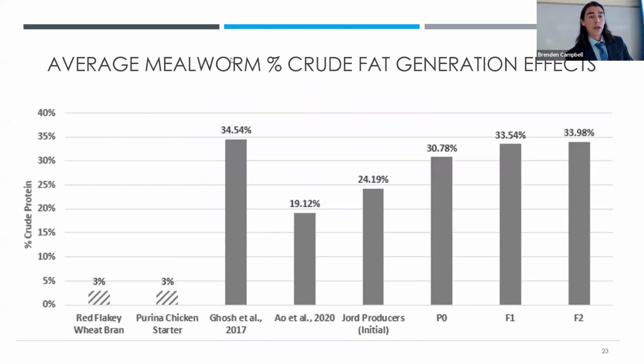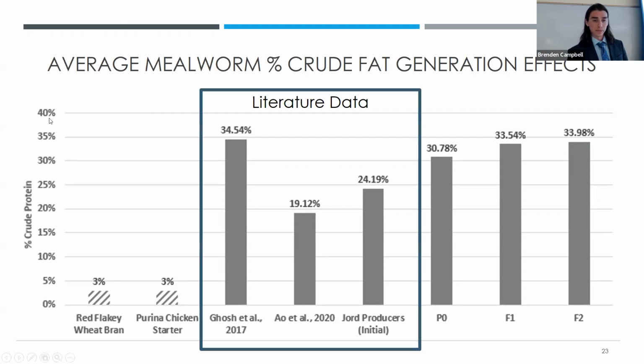Next, talking about the average mealworm percent crude fat and the effect that generation had. Again, we have the wheat bran and the Purina chicken starter as the feed values of available percent crude fat there, with literature data from the same sources as well on the mealworms to signify what their percent crude fat was.